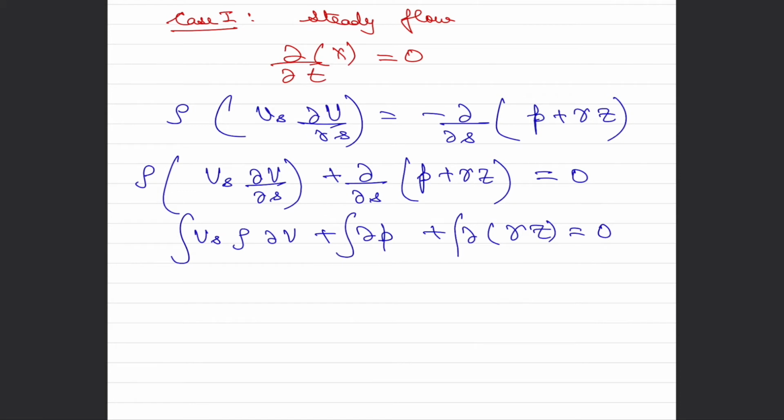And if we take the integral, and we are not adding any limits here, we can write this as half into, since this is velocity del v, v square by 2, and one term of rho is already present. Integration of pressure would simply become p, and this term would become gamma z, and this would be equal to a constant, because as I said, we are doing an indefinite integral, or an integral without limits.